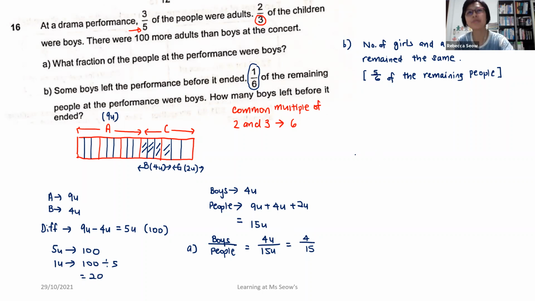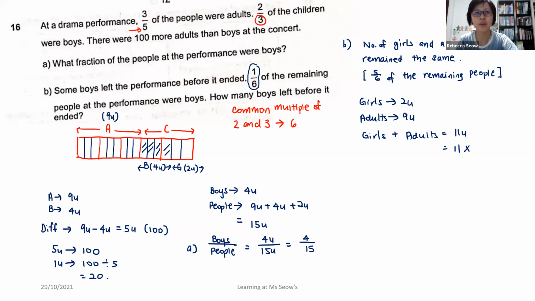So let's find the number of girls and adults. Based on the model, girls, there are 2 units. Adults, 9 units. So the number of girls and adults make up 11U, which is 11 multiplied by 1U, which is 20.